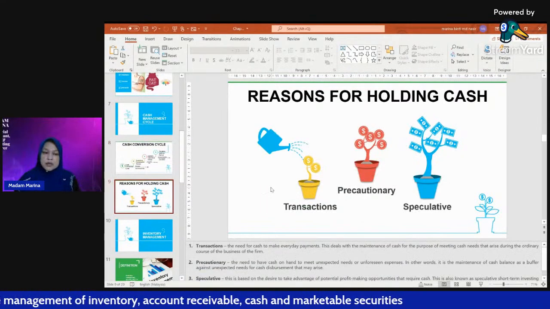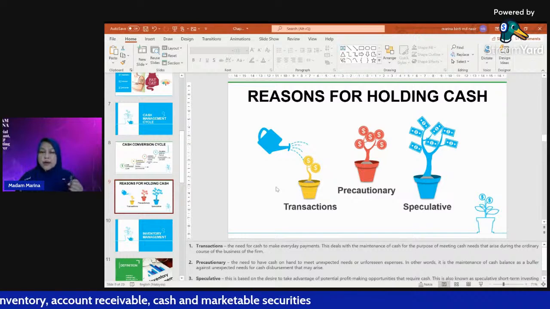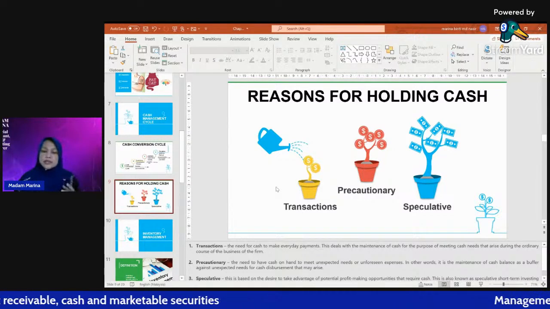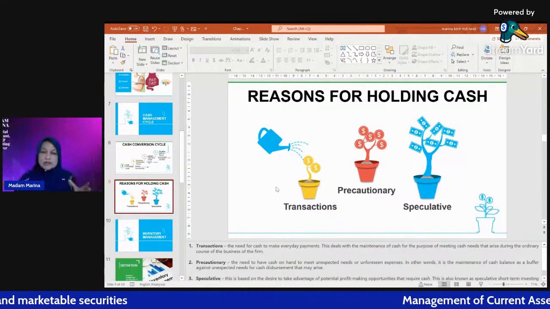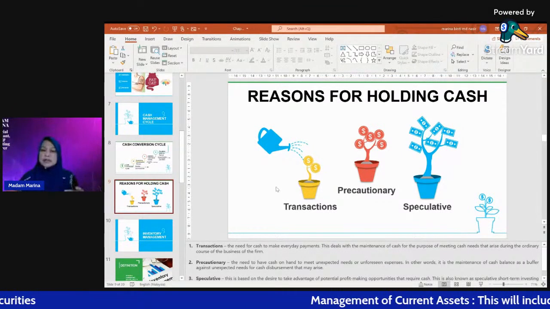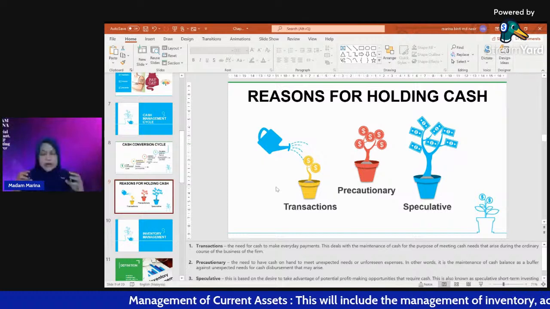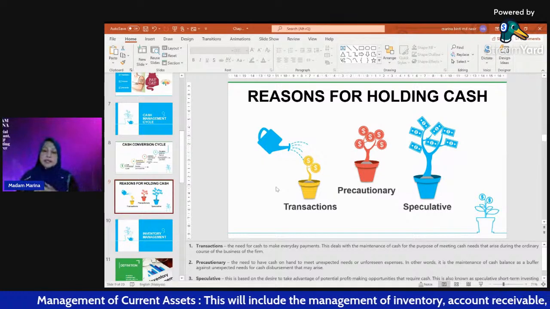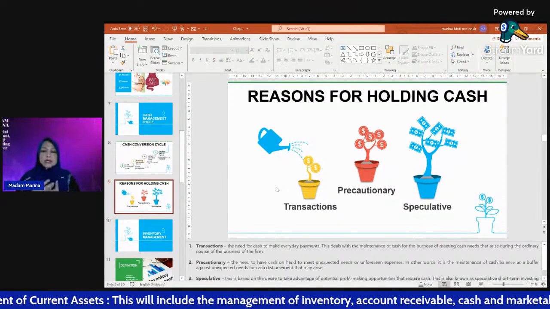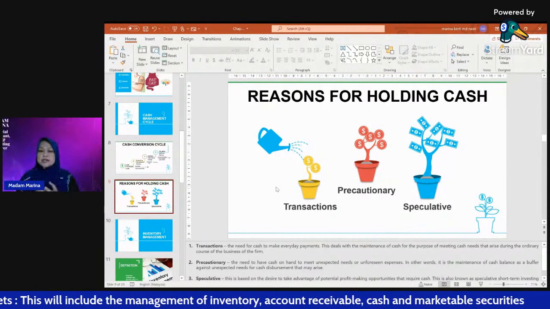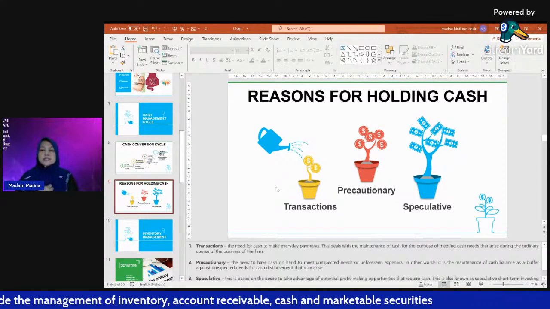Okay, now why do we need to hold cash? Reasons for holding cash. Remember that our topic is management of current assets. How to manage the current assets? So this is the first current asset that we need to manage, which is cash.